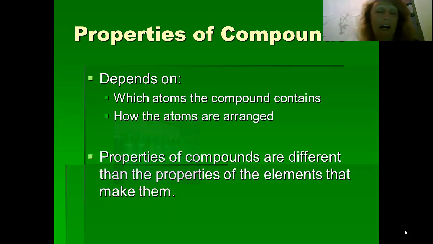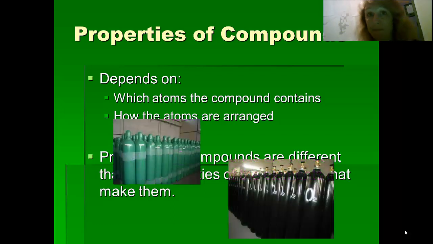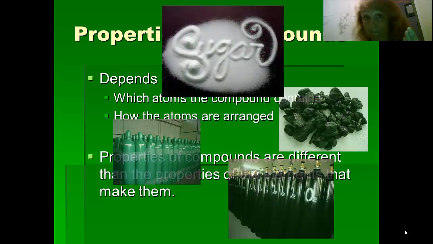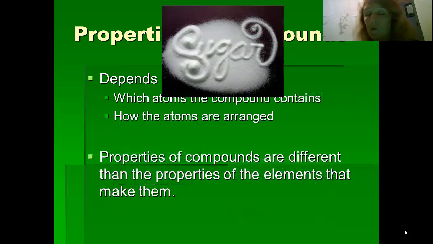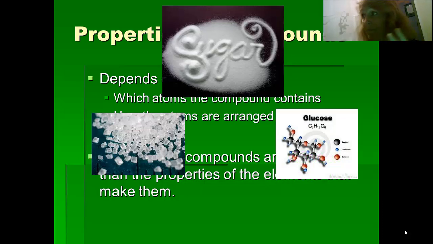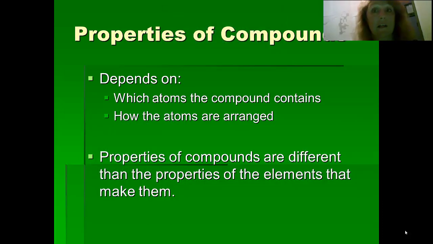Now, when you take hydrogen and oxygen and carbon and you put them together, you get sugar. So once you take your elements and put them into compounds, the properties can be completely different. But the properties of all of the sugar compounds are all going to be the same, or all of the water compounds, or all of the carbon dioxide. You get what I'm saying.